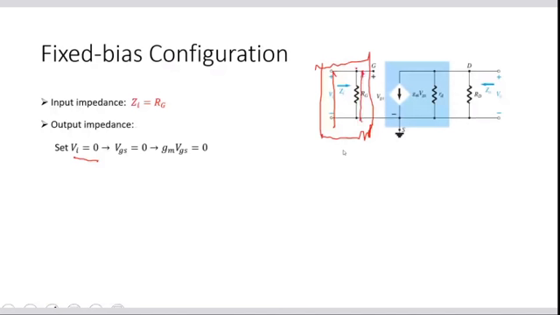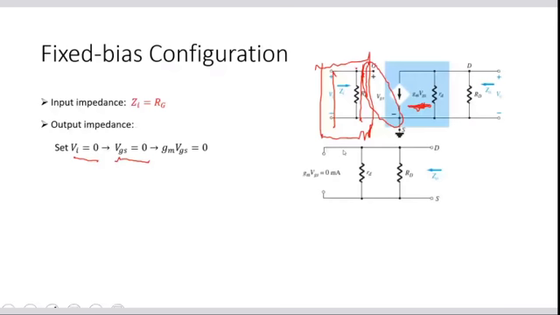So VGS will be equal to 0. Here we can see the VGS in the AC equivalent circuit, and VGS is equal to 0. Because VGS is equal to 0, gm into VGS will also be equal to 0. So ultimately, we have an equivalent circuit like this.